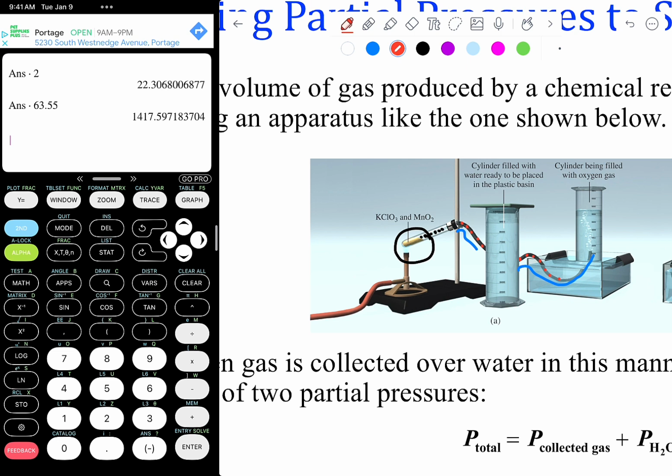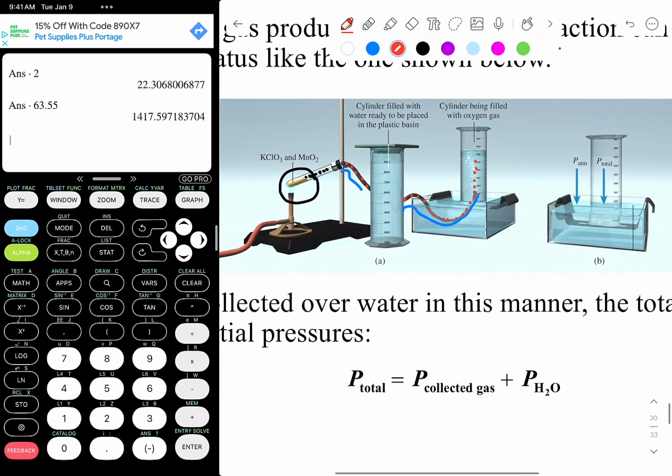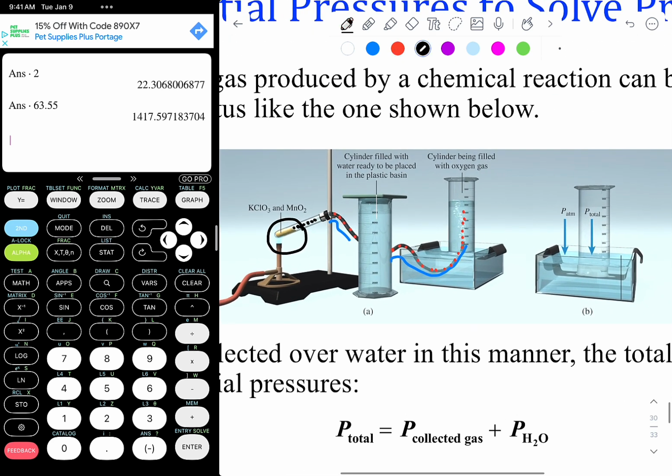The cylinder was initially filled completely with water, but as the oxygen gas goes up, it's forming bubbles and it's displacing that water. So we're going to continue to displace that water with the oxygen gas that's produced from the reaction until the reaction is done.